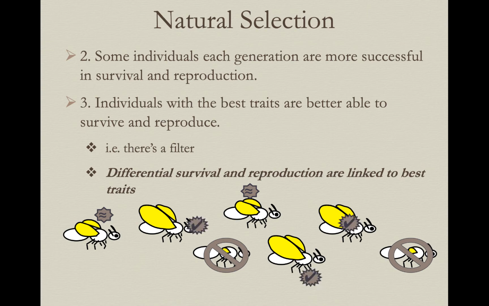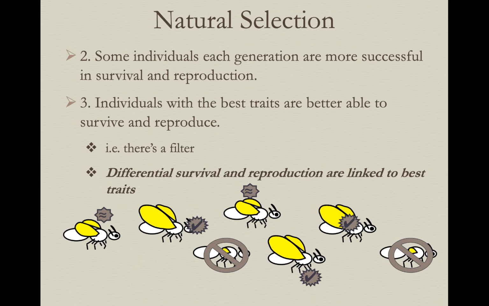But individuals with the really large wings are able to get to these food resources more quickly, they're healthier, and they have more time for reproduction. And so there's an increase in future generations of big wings in this population. So this filter is providing a predictable outcome for future populations.